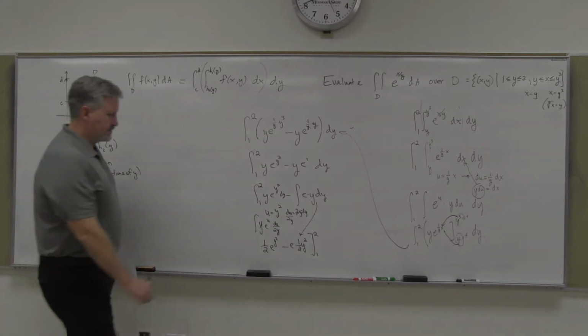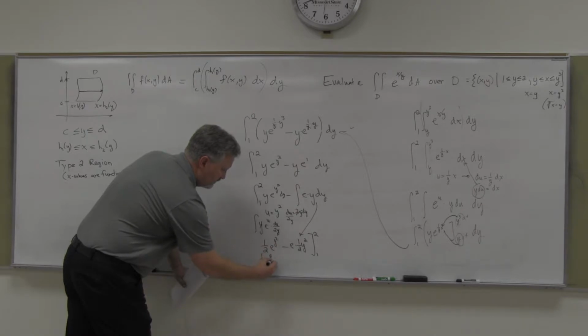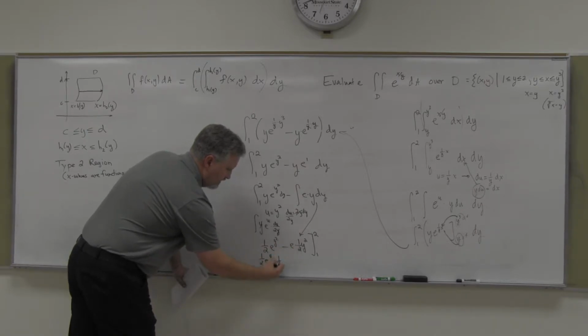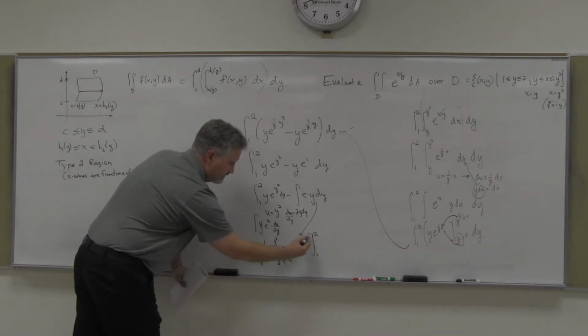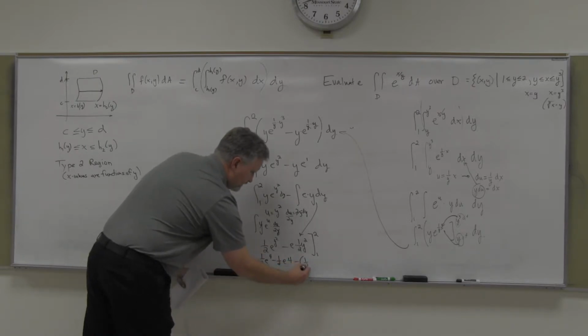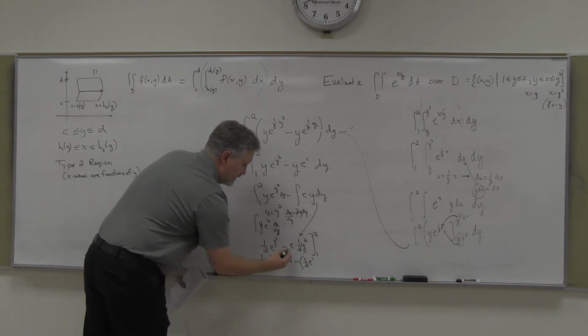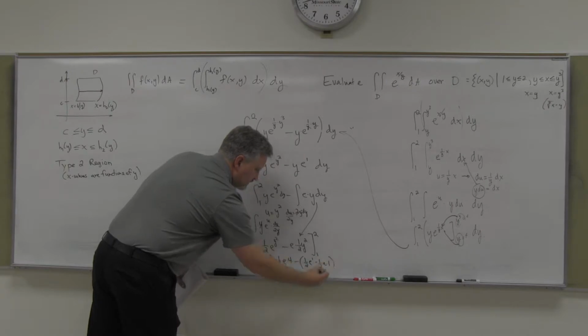So if I plug in those, I've got 1/2 e to the 4th minus 1/2 e times 4, because I plug in the 2 there before. Now plug in the 1, so I have 1/2 e to the 1, minus 1/2 e times 1.